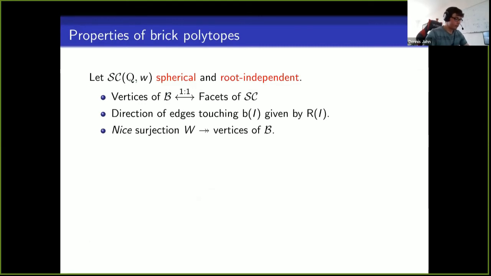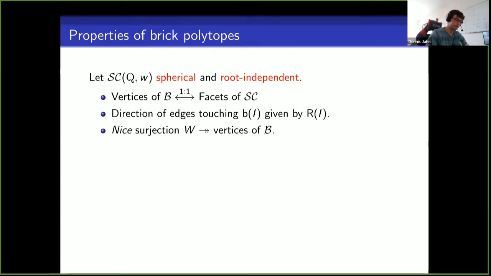Okay, I'll quickly talk about some properties of brick polytopes. That's why they're so interesting. Here we only consider the case where the Subword complex is spherical and root independent. In this case, the vertices of the brick polytope are in one-to-one correspondence with facets of the Subword complex. If you sit in one of those vertices, you can detect the edges that go outwards from this vertex by the root configuration of the corresponding facet.